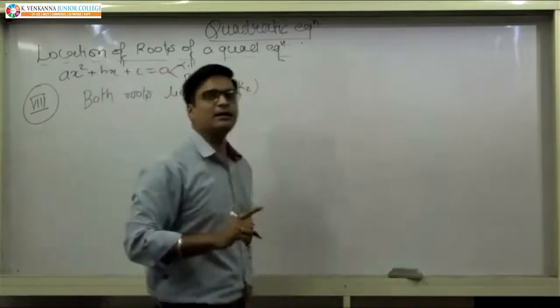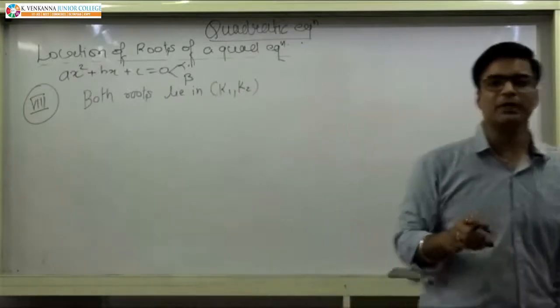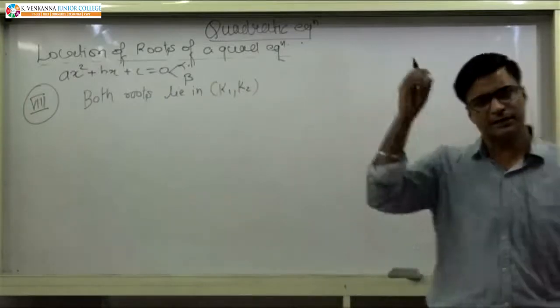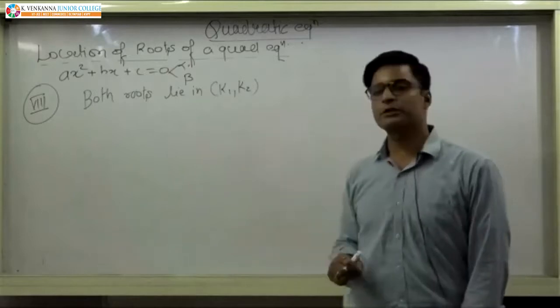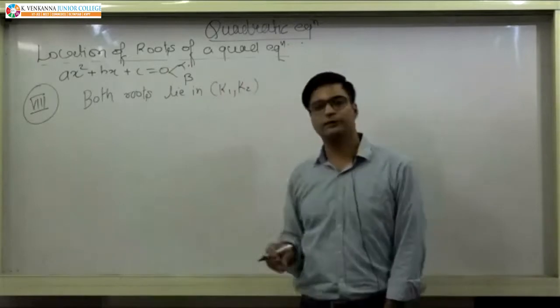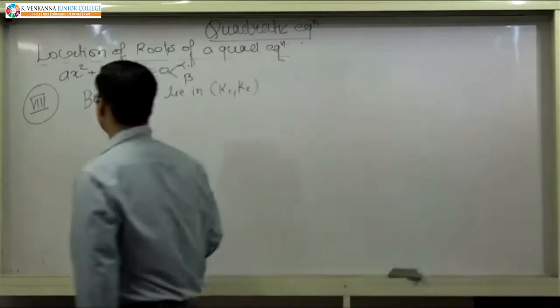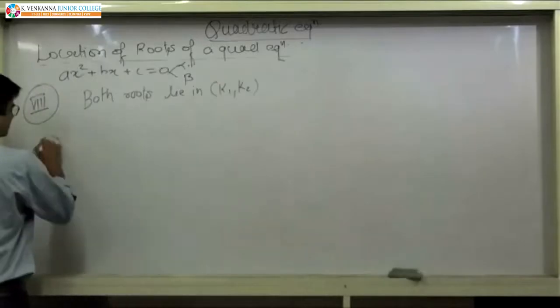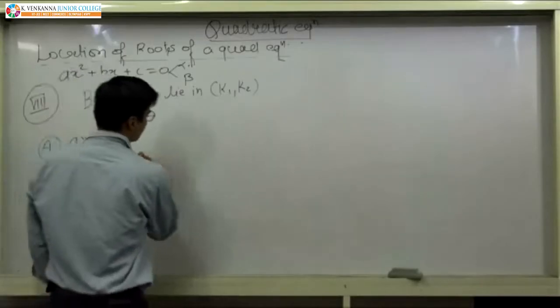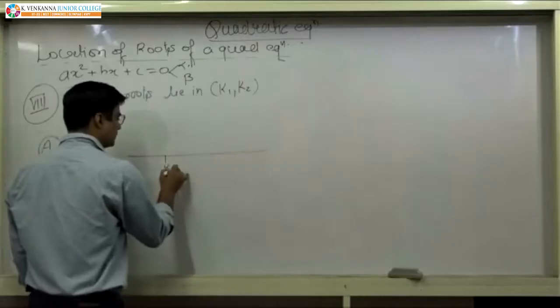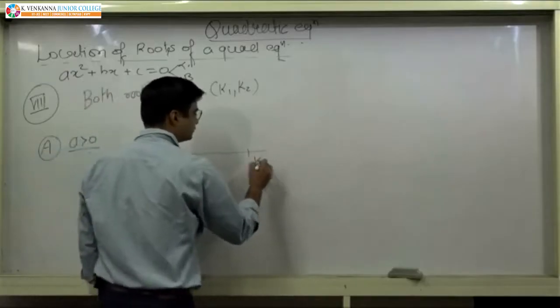Before this, exactly one root lay in the interval K1, K2. Now we are talking about, let's say, I want both the roots of my quadratic equation to lie in this interval. So again, quickly consider leading coefficient positive, and this is your K1 and this is your K2.